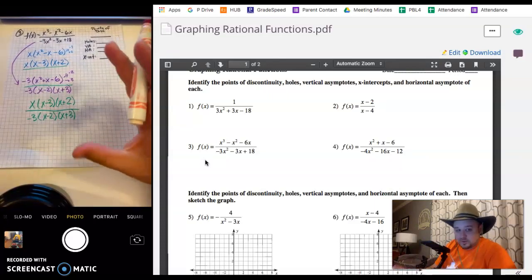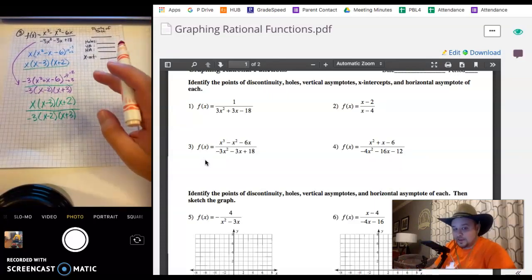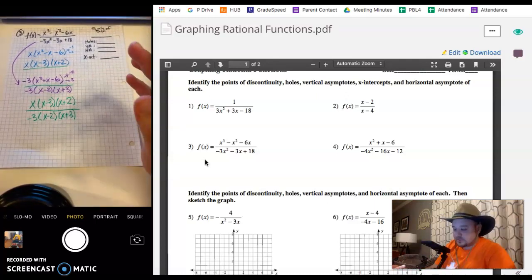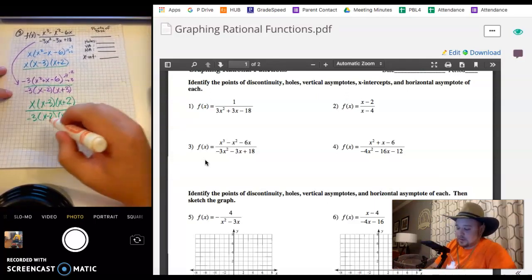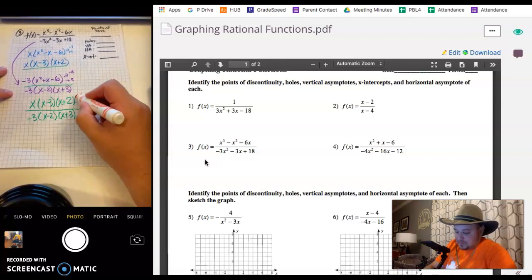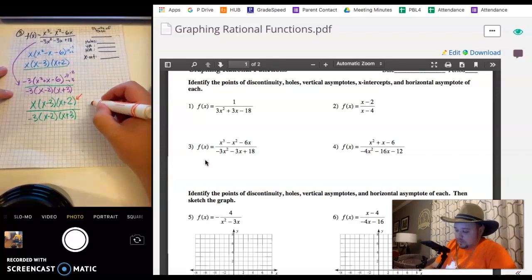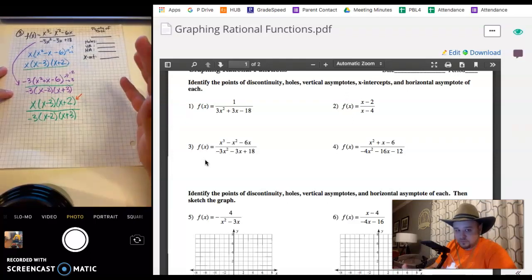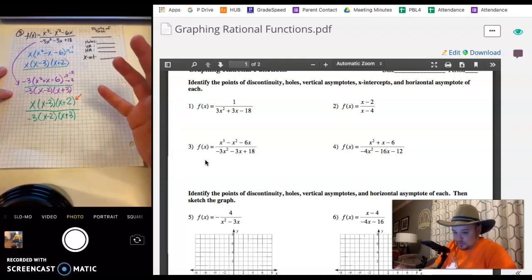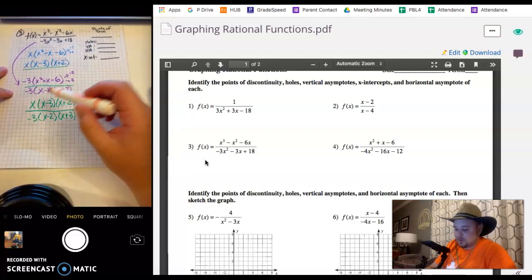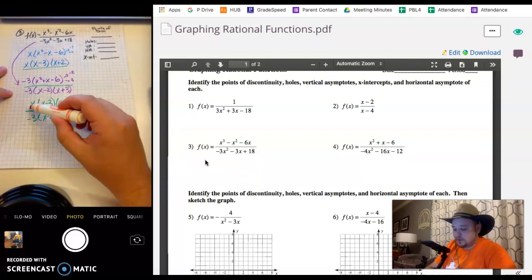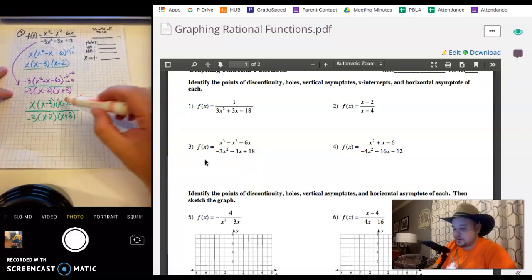Now, I've got quite a bit of information here. It's, again, all about what numbers for x produce zeros. This time, the top can be 0. When you have a 1 at the top of the function, like we did on the previous problem, the top can't be 0 because the top is 1. Now that we've got variables, there are numbers for x that I could plug in to make this 0.